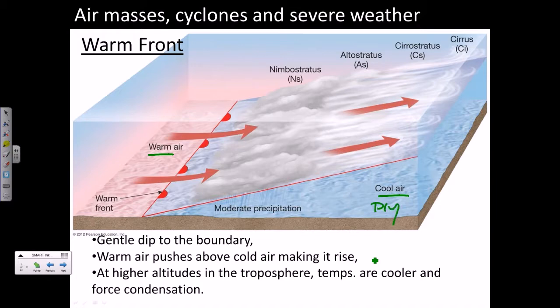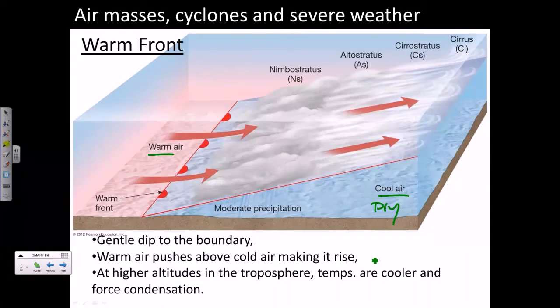And that cold air mass could be maritime polar, or it could be continental polar. Maritime polar coming down from the Pacific Northwest, or the continental polar air mass coming down from the north.